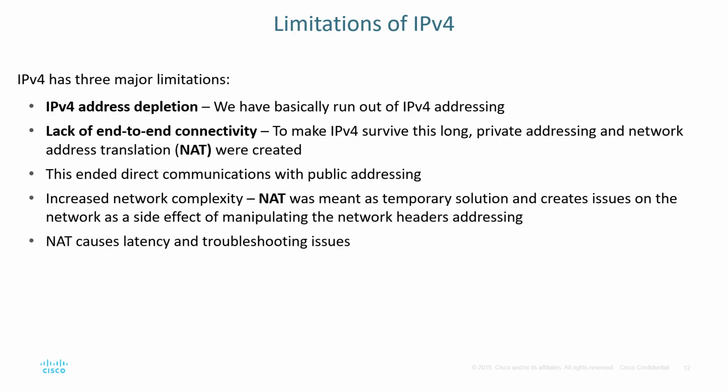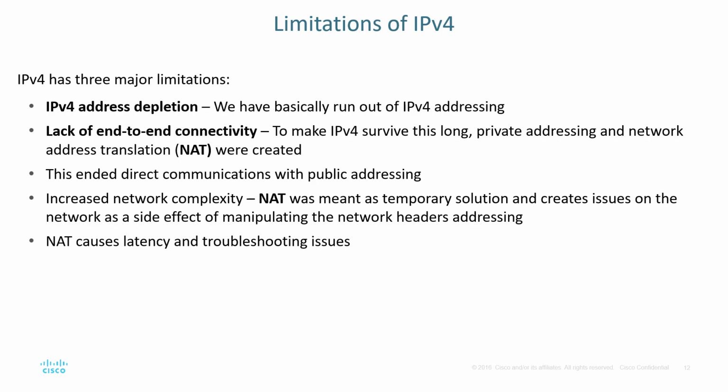Just to speak a little bit about NATing without getting too deeply into it. There was an RFC, request for comment, developed, number 1918. Within this RFC, it states a range of private addressing.